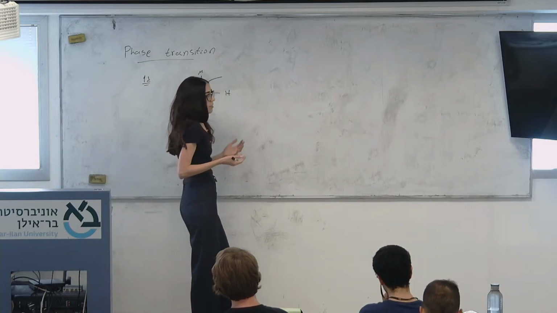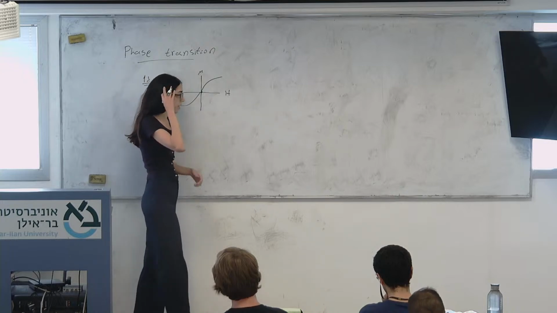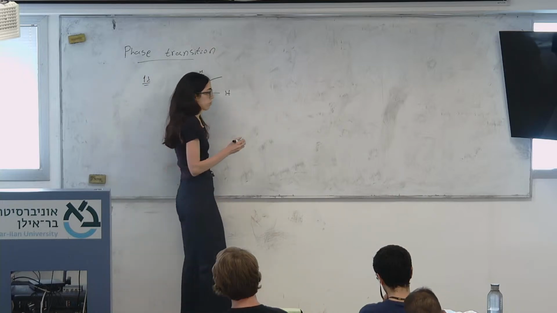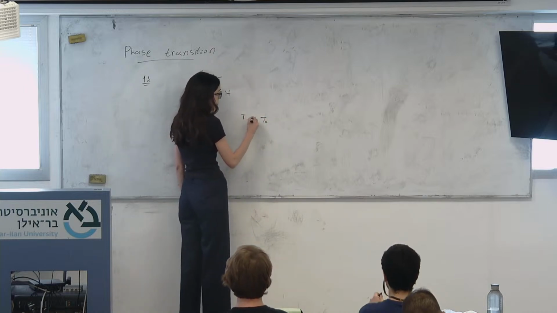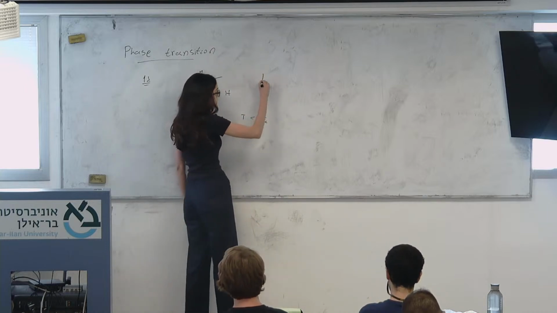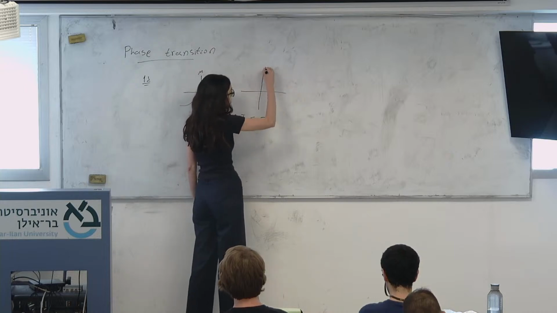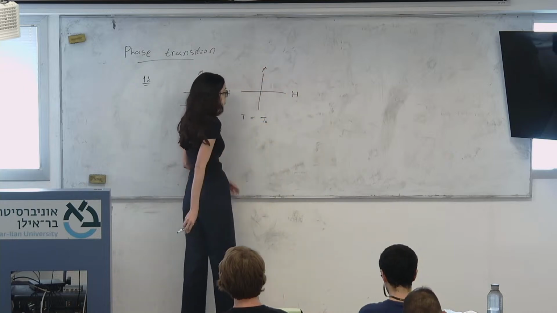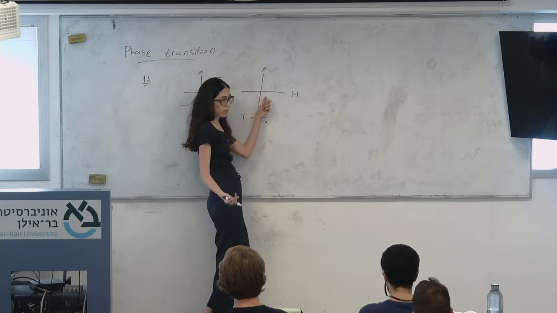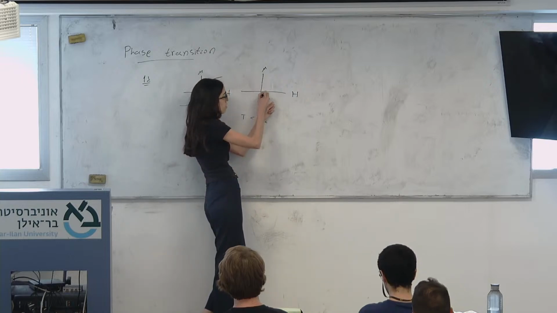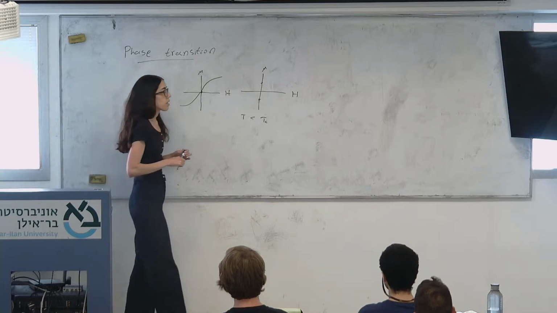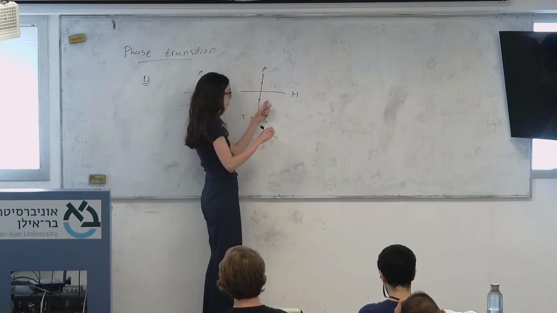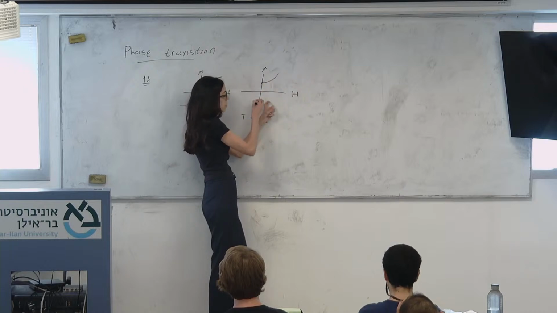So we define phase transition where we have some temperature that we call the critical temperature, where below this temperature, if we look at the same function, we're going to have something that looks a bit different.